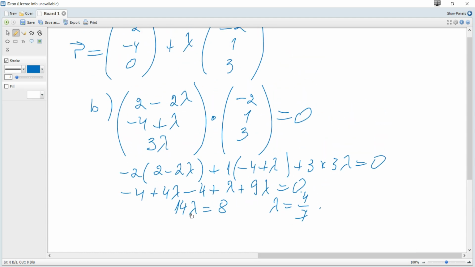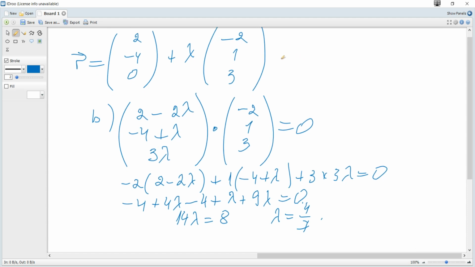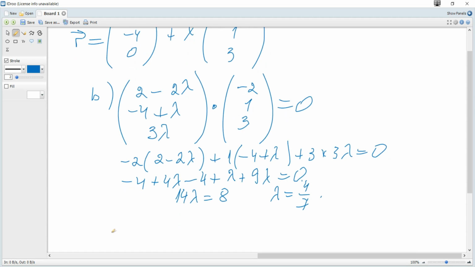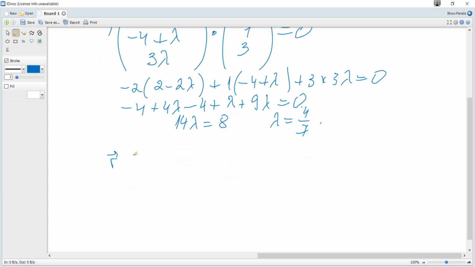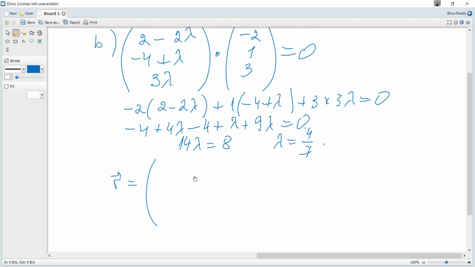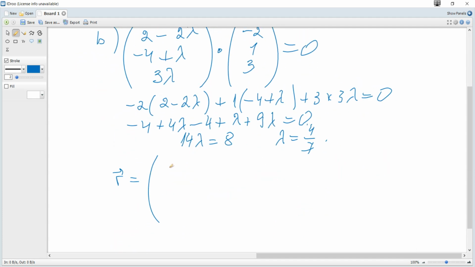Hence, the R vector becomes (2 minus 2 times 4 over 7, negative 4 plus 4 over 7, and 3 multiplied by 4 over 7).